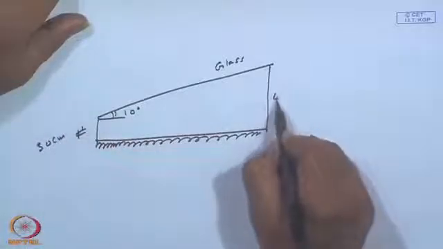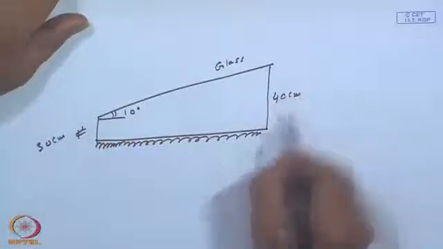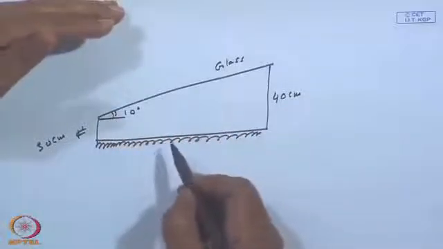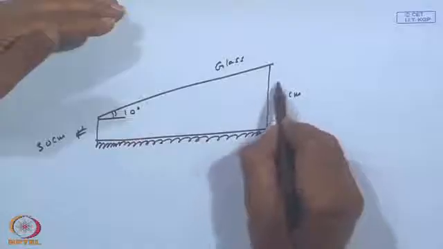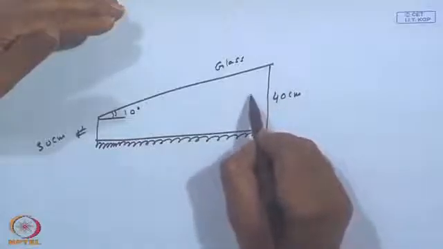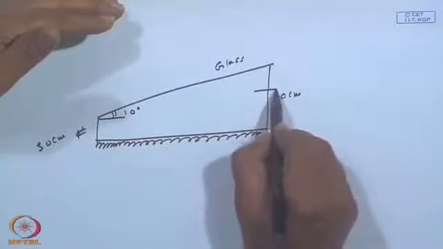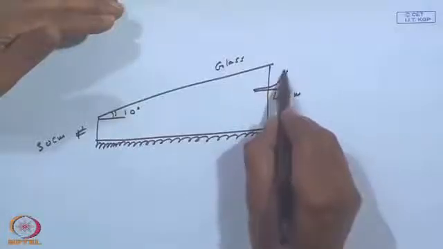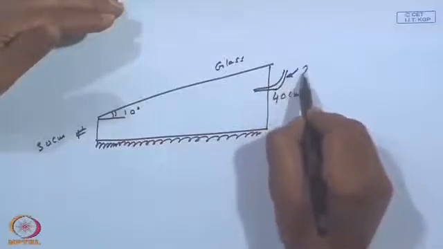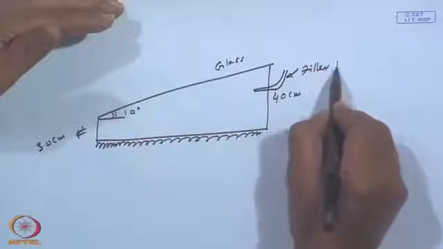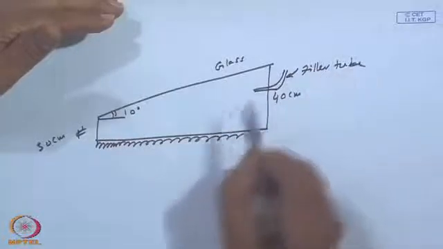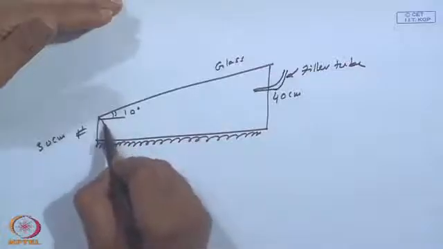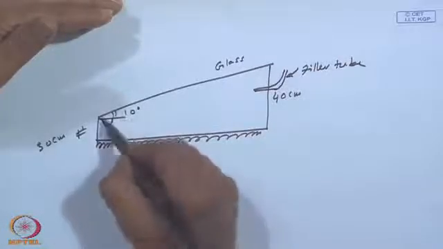And this may be 40, it depends; if it is 1 meter you can calculate depending on the slope, and you may have a filler tube over here, and then you have a collecting channel.